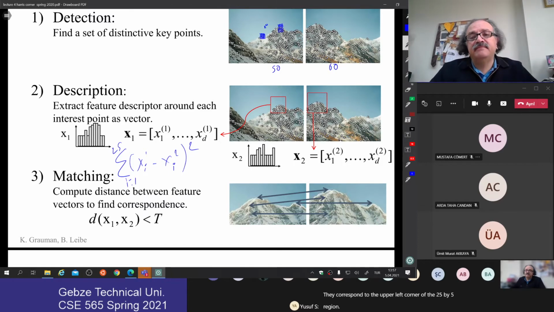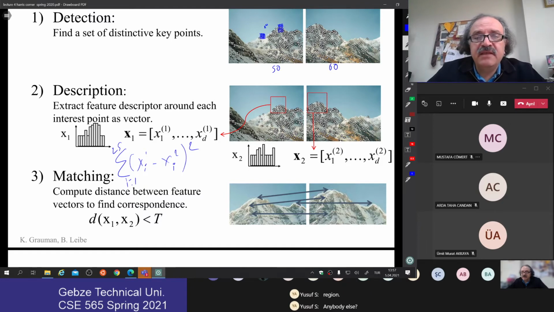Anybody else? It is bad for the matching actually. What is wrong about this approach? It can repeat.